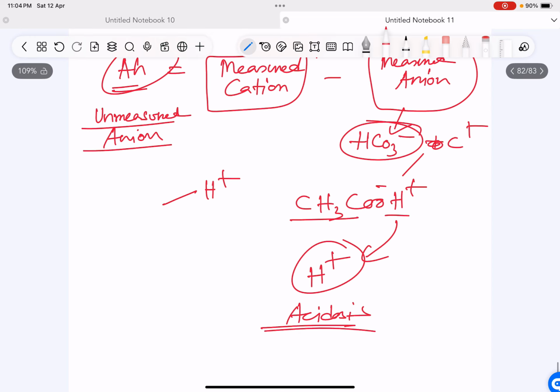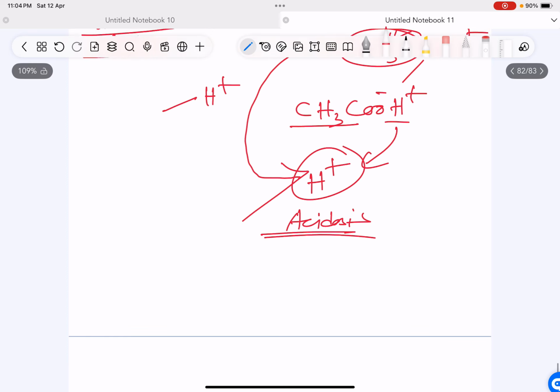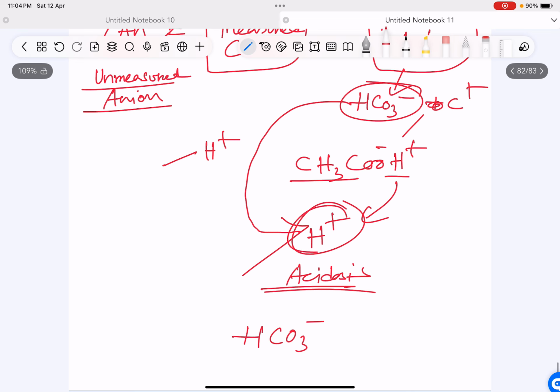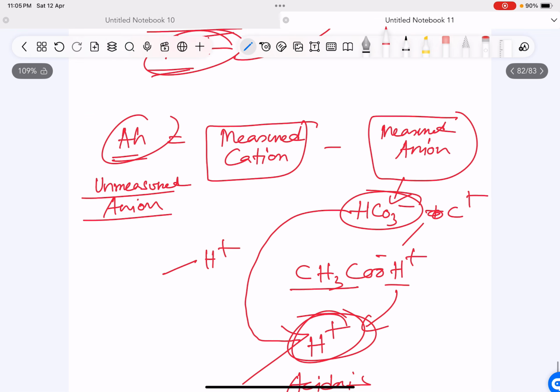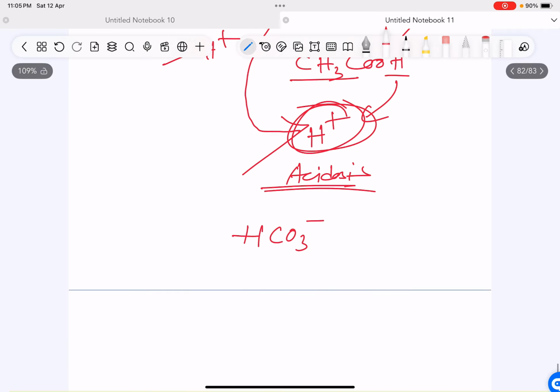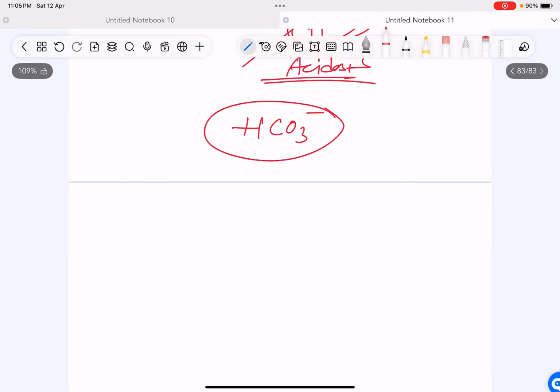This HCO3 minus will be used up in fighting against this H plus. So your HCO3 minus is getting used in neutralizing the H plus that came from this acid.